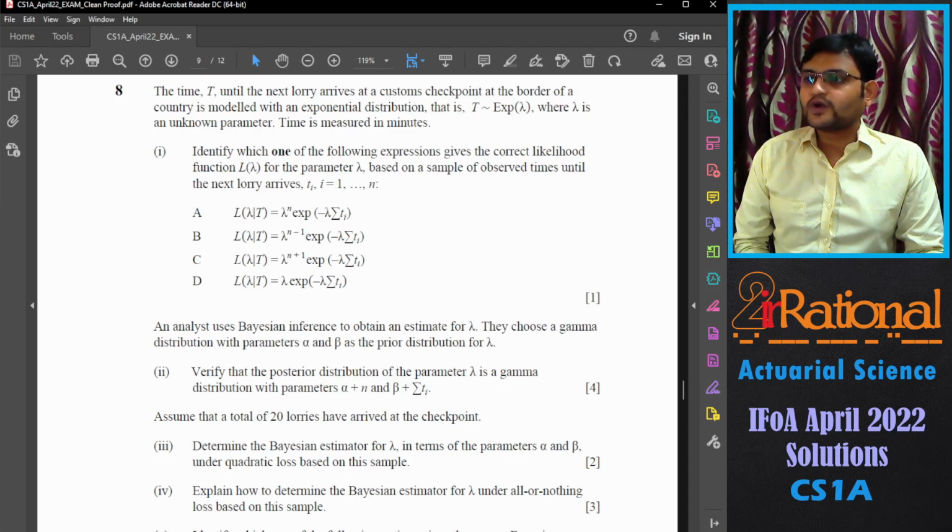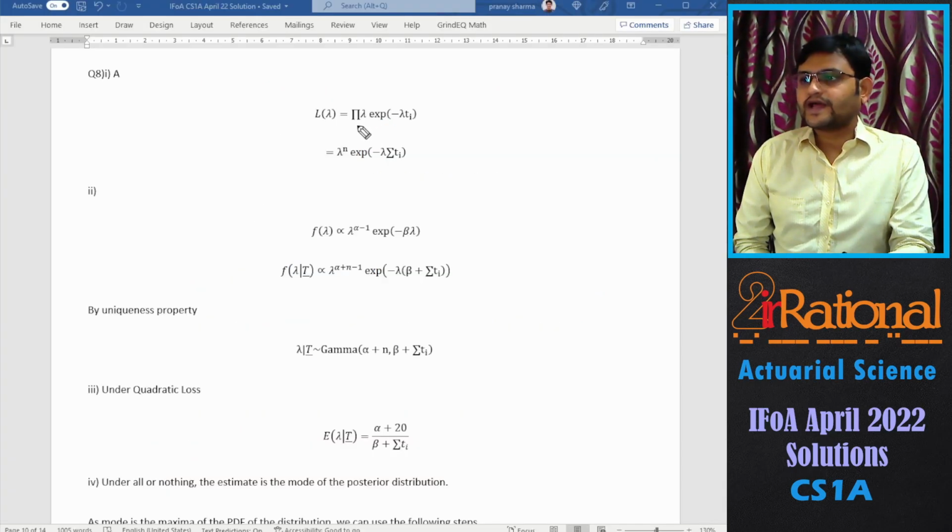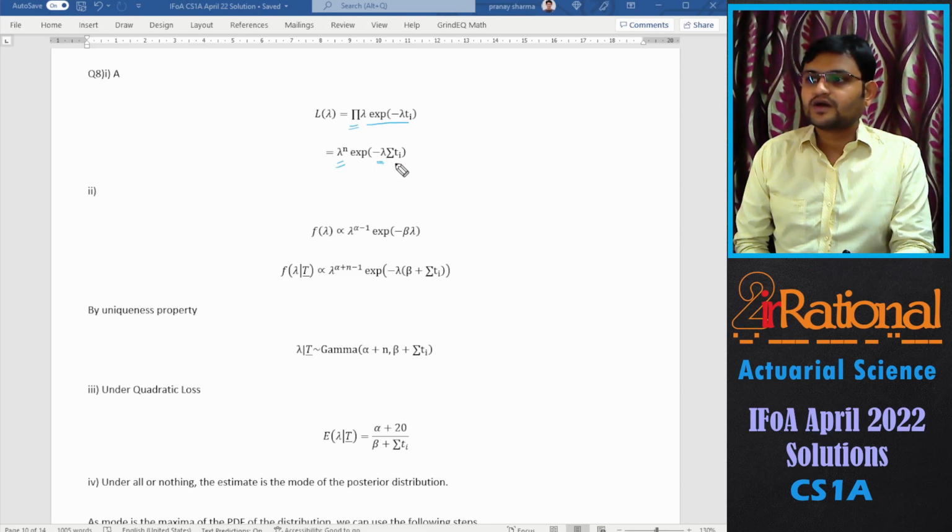Identify which one of the following expressions gives the correct likelihood function for the parameter lambda based on the sample of observed times until the next lorry arrives, ti, i from 1 to n. So the likelihood function would be the product of lambda e raised to minus lambda ti. That gives us lambda raised to n e raised to minus lambda summation ti. That is option 1, or option A.